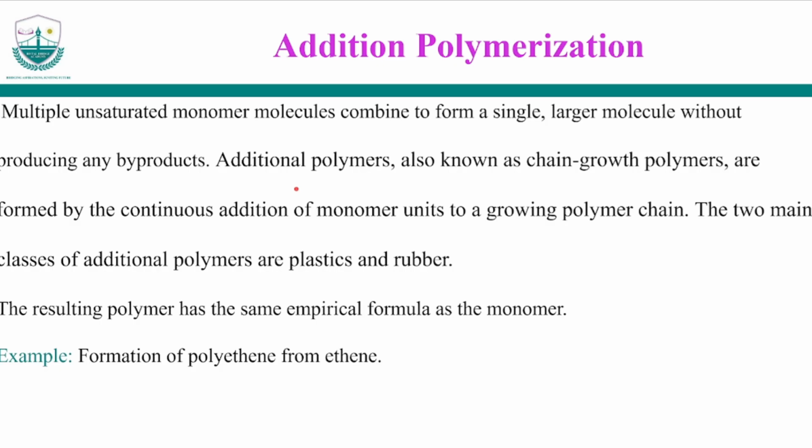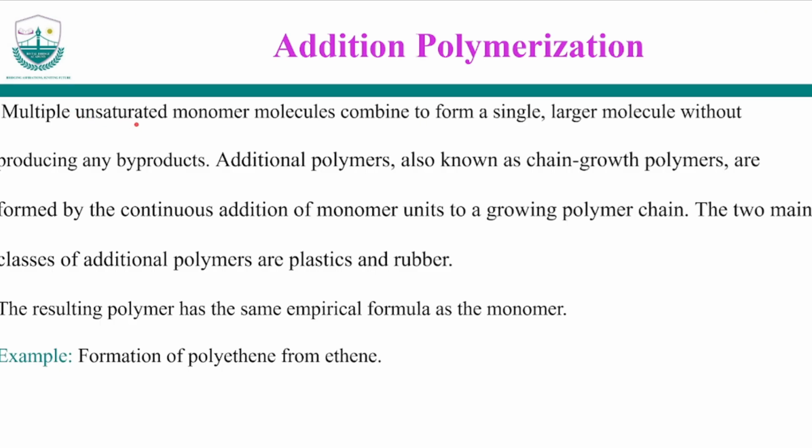So with addition polymerization, what you are basically having are monomers that are unsaturated. Monomers must be unsaturated. That's the one unique property that you should always have in mind.